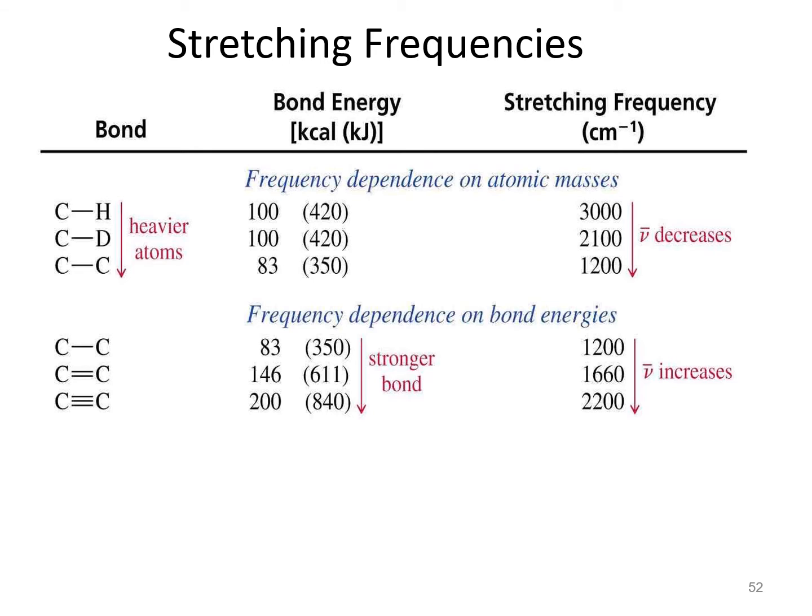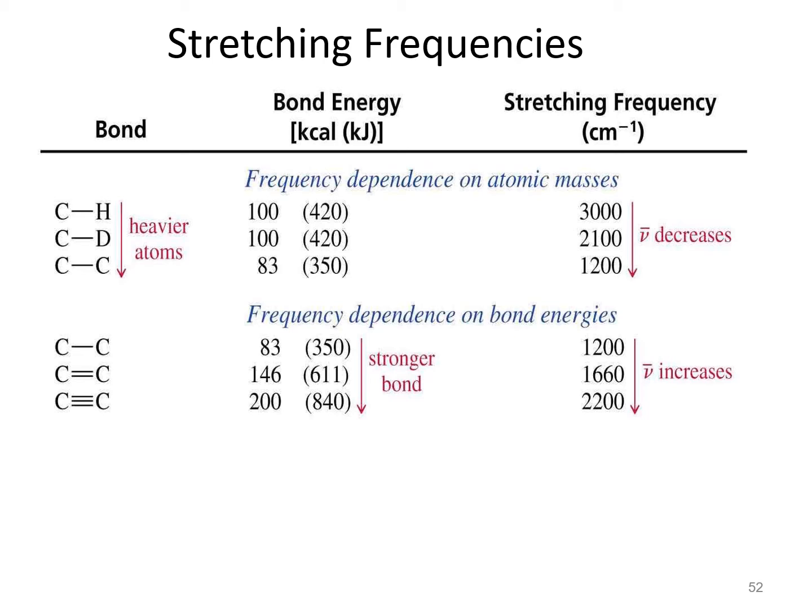If you take a look in the first case, the carbon-hydrogen, carbon-deuterium, carbon-carbon, the size of the atoms sharing the bond is increasing downwards, whereas if you take a look at the measured frequency to the right side, the frequency is decreasing.